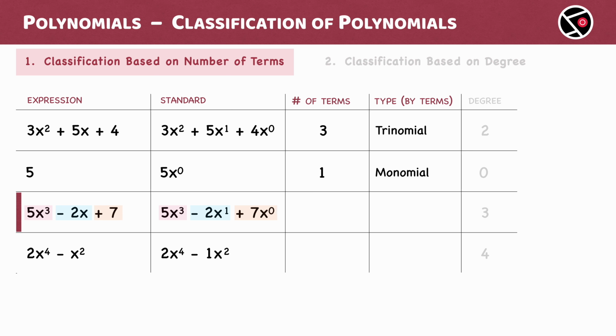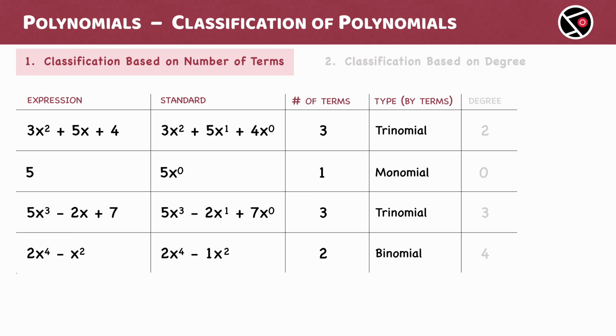And a polynomial with 3 terms is a trinomial. Moving on to the next expression. Here we have 2 terms, 2x to the power 4 and minus x square. A polynomial with 2 terms is called a binomial.